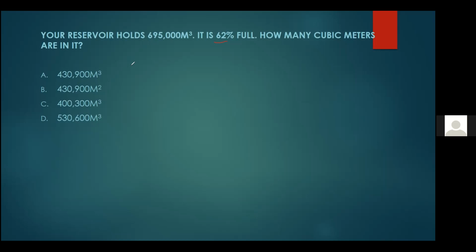Fantastic. I'm seeing a lot of good answers there. Keep in mind, first thing they're going to ask is how many cubic meters? M3. So make sure you didn't choose that one, because that's not M3. Your answer's right here, folks. It's A. 430,900 cubic meters. Read the question, make sure the answers and the units make sense.